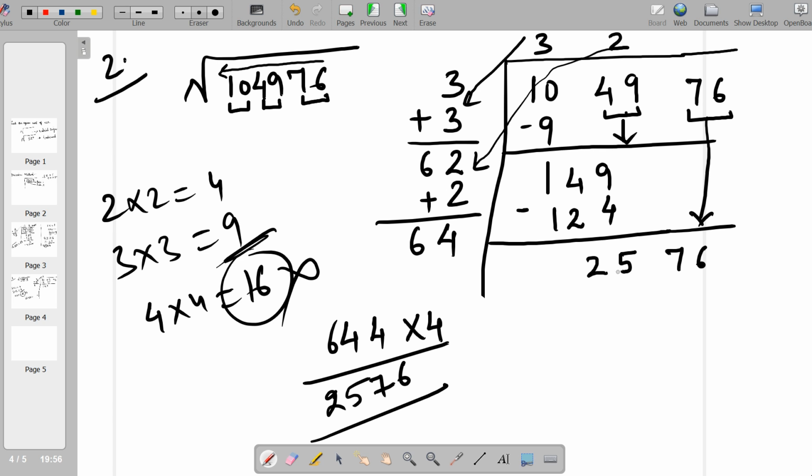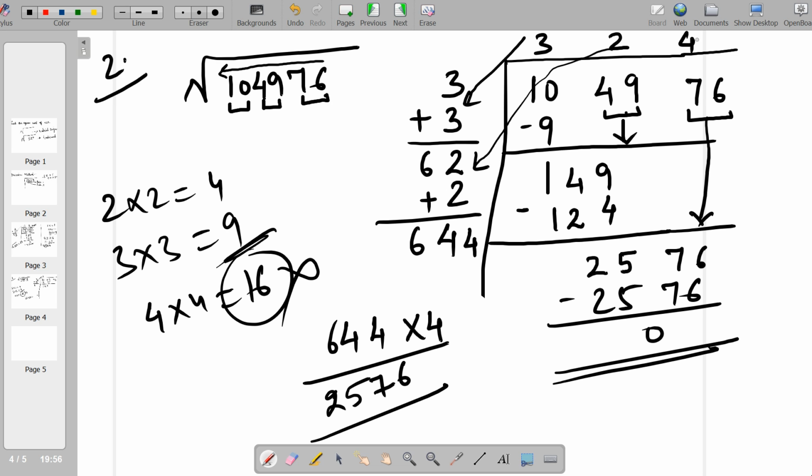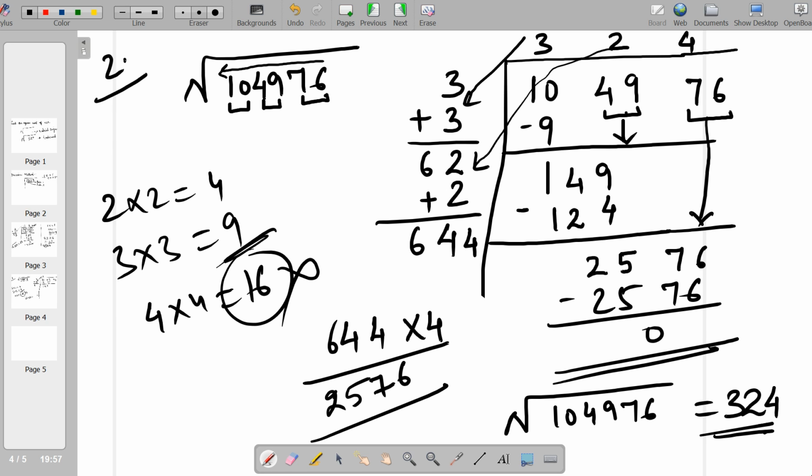That means you're getting that same value. So with 64, you will write 4 also here and 4. That will give you 2576. Remainder is 0. So 324 is the value for the square root of 104976. This is the square root of this 6-digit number.